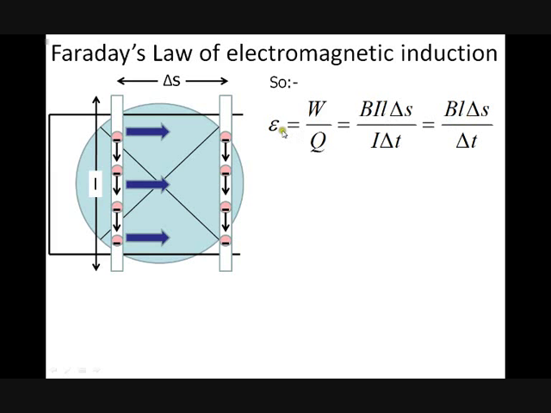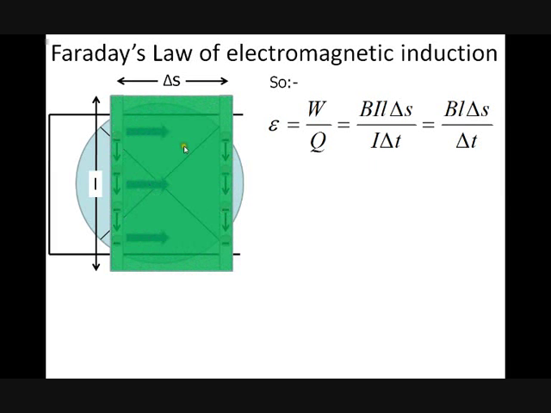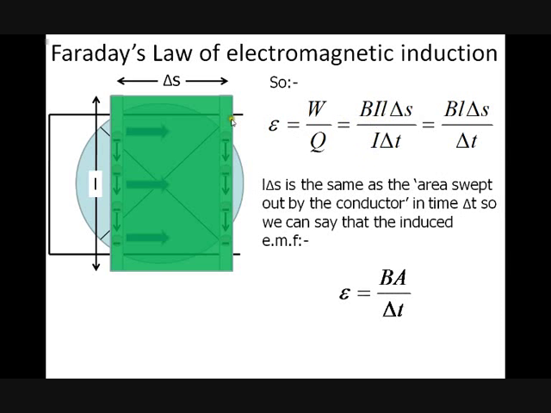So we end up with a formula that says the induced EMF will be equal to BL delta S divided by delta T. So this is the magnetic flux density multiplied by the length of wire multiplied by the distance it moves divided by the time taken to move that distance. Now this green square that's just coming up on screen, if I've got the product of L delta S for this rectangle, then L delta S is effectively the area swept out by the conductor.